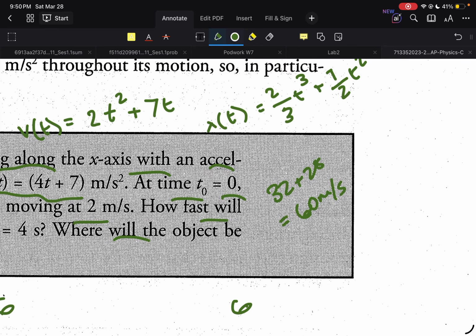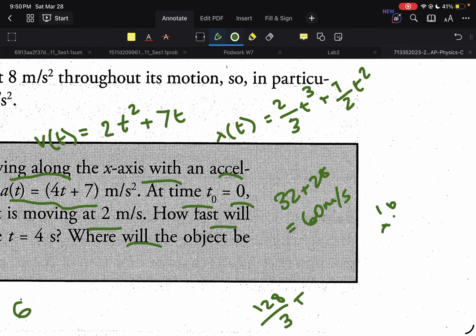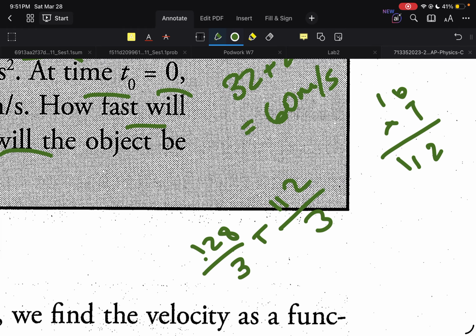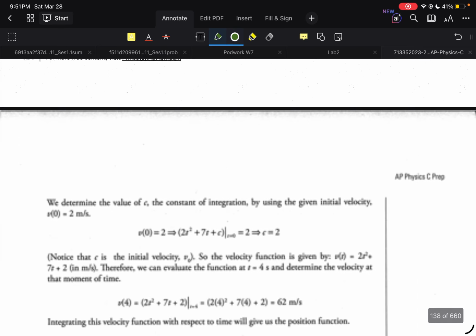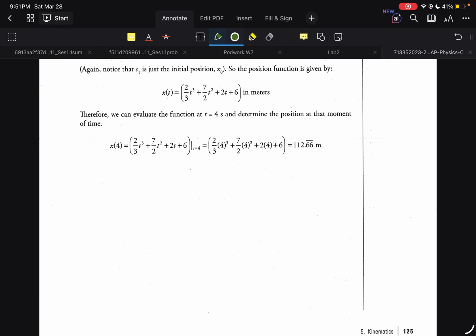And this is some dumb number like 64. So something went wrong with my math.